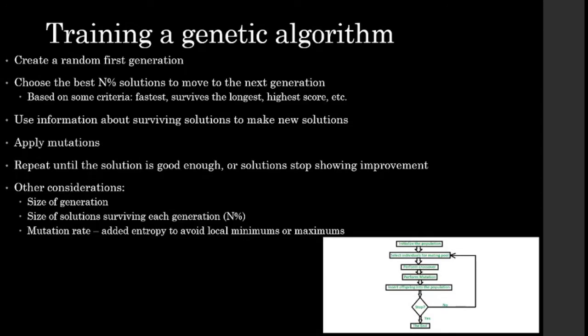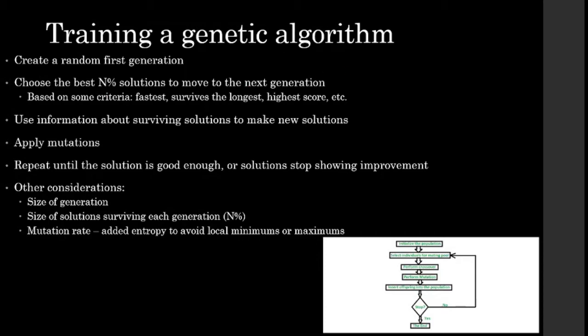So this is the process of training a genetic algorithm. For the very first generation, we will create a number of random solutions. We'll take each of those solutions and verify them against some criteria, and then we'll pick the best n% of those solutions to carry over.